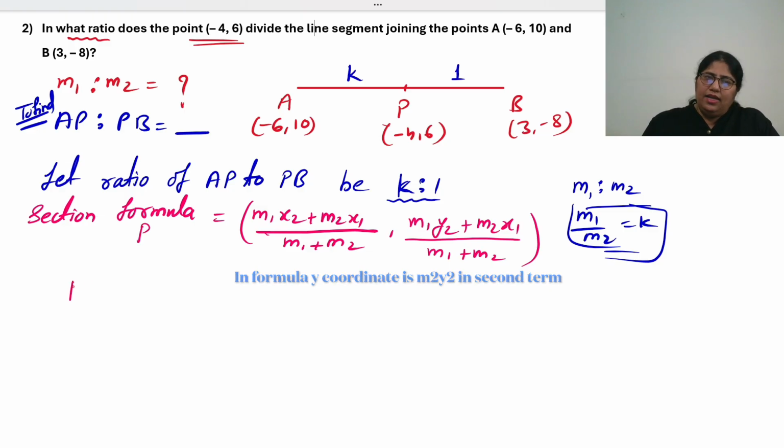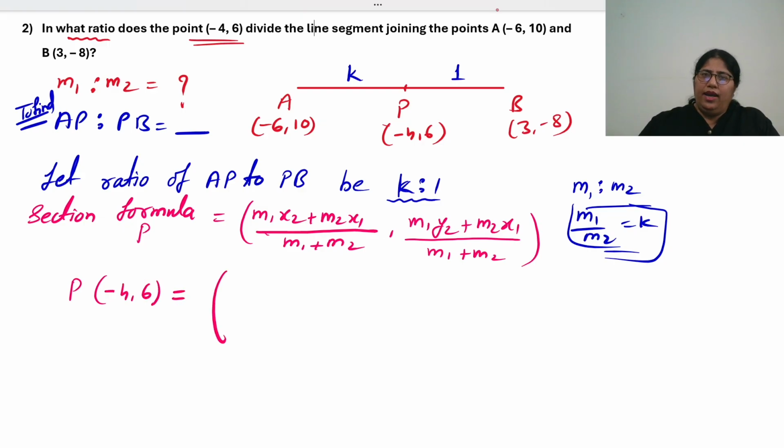Now we write the section formula for point P. P's coordinates, which are (-4, 6), equal, by cross multiplication, m1 into x2 plus m2 into x1, and similarly m1 into y2 plus m2 into y1. This is the easier way to remember.